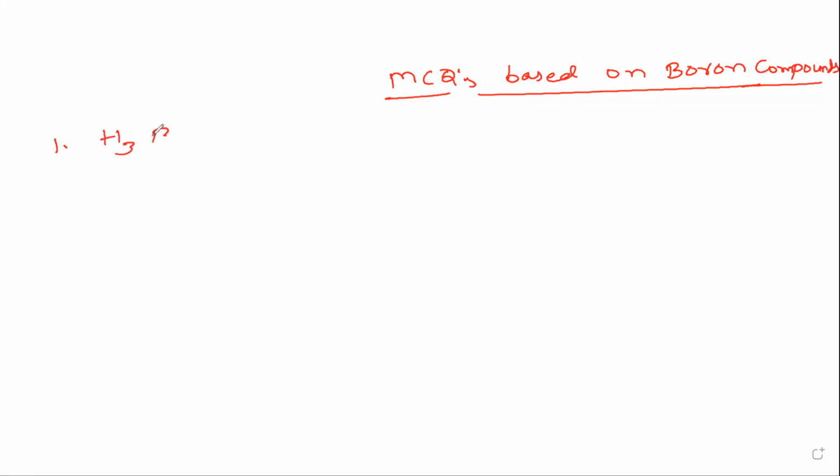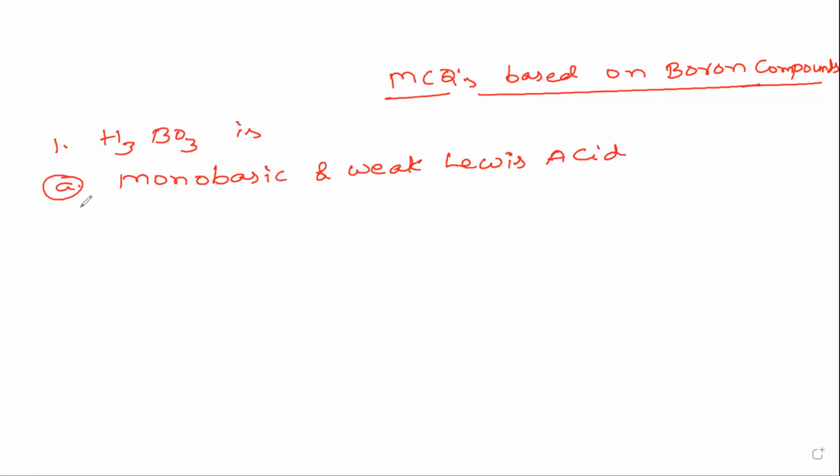H3BO3 is: option A, monobasic and weak Lewis acid. Option B, it is monobasic. Monobasic means it gives only one H plus ion, and strong Lewis acid.